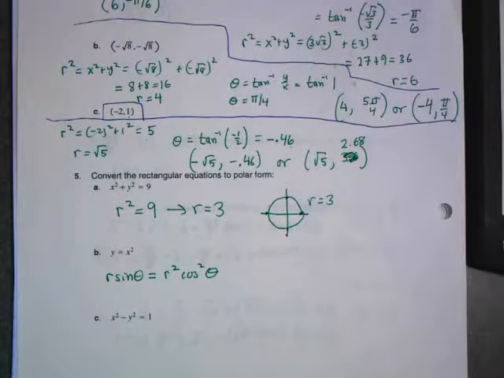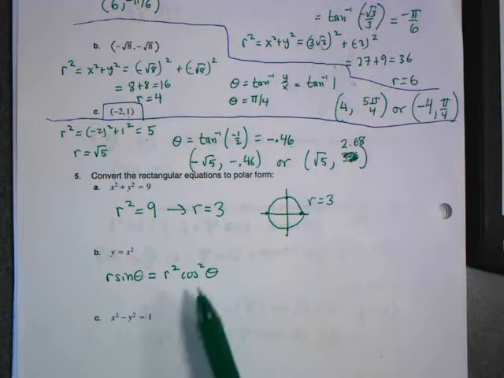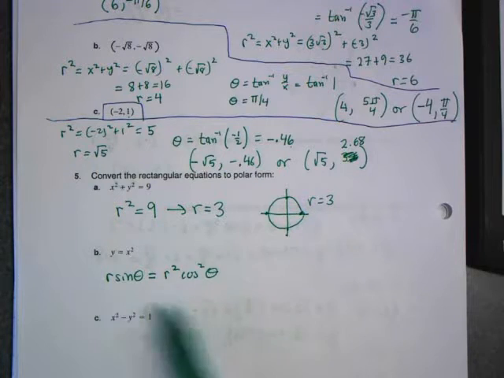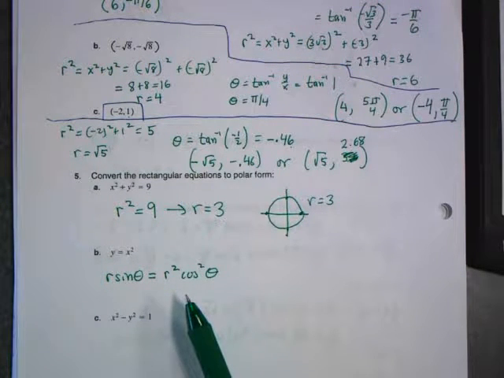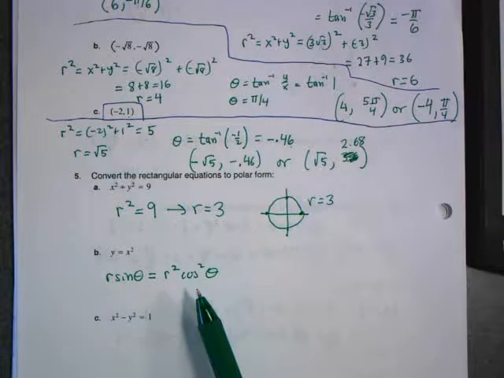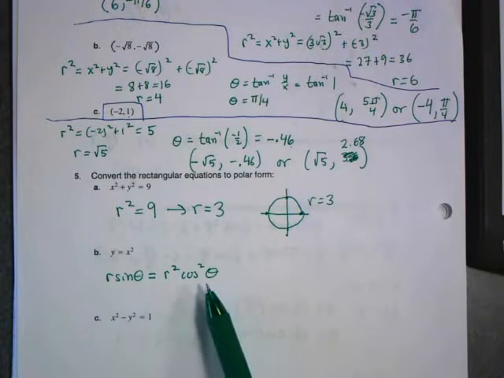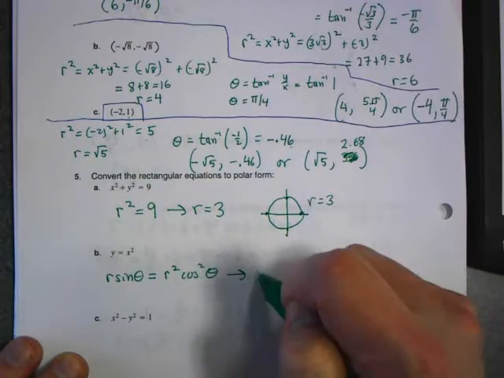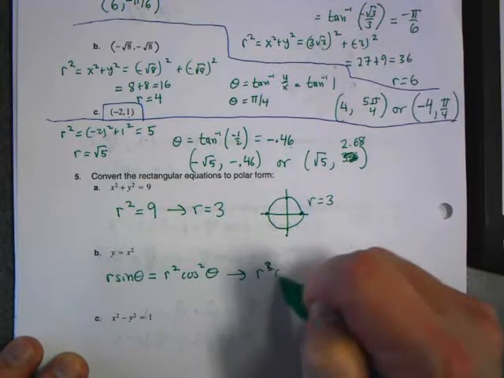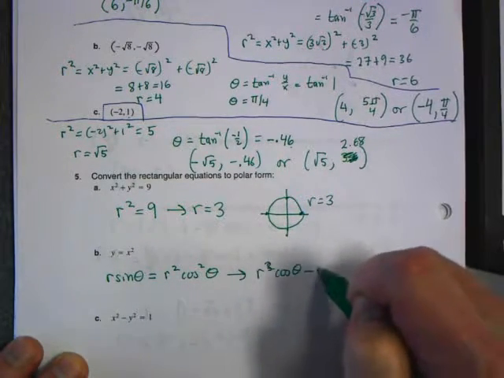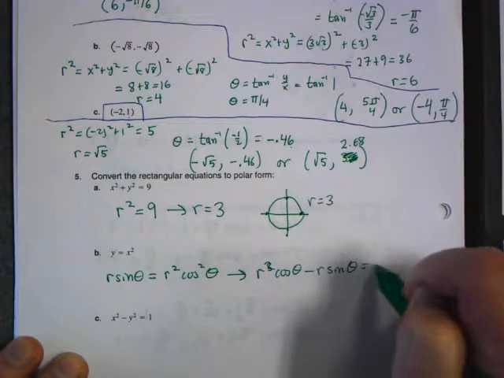Now, what we do like to do if we can, is take these equations and try to get the r all by itself. Do you think you could get the r all by itself on this one? Move this r over and then divide by r. That doesn't quite work though. You're close. This would be r squared cosine theta minus r sine theta equals 0.